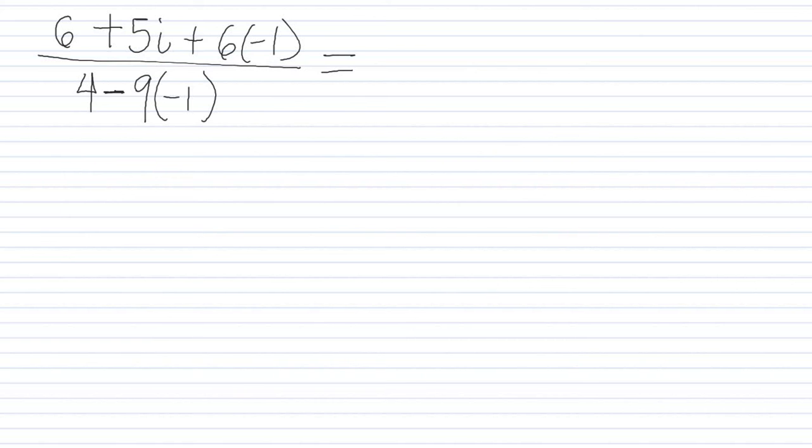So 6 plus 5i plus 6 times negative 1 is the same thing as 6 plus 5i minus 6, divided by 4 minus 9. So you have 6 minus 6 is 0, and up top you have 5i.